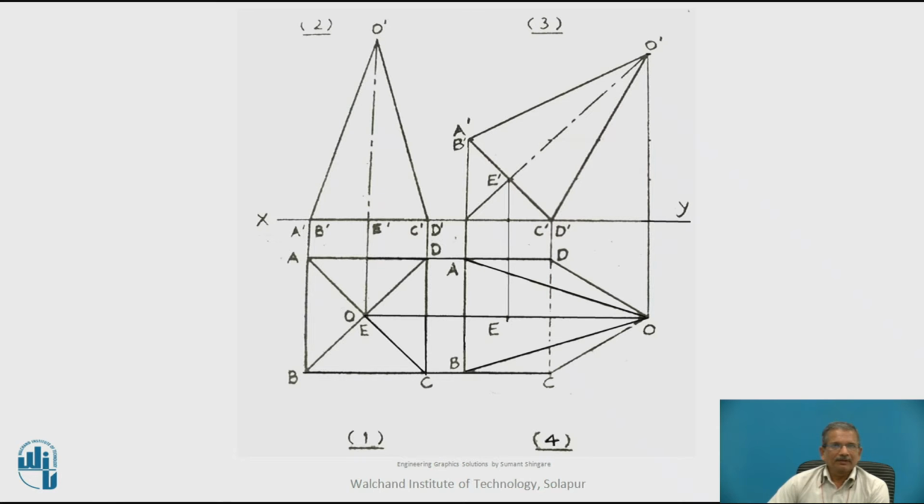So you do one thing: take a point C dash D dash on the XY line, draw a 45 degree line, and as you know the measurement AD or BC, you draw a line, bisect it, and from there draw a perpendicular to the AB or CD line, the base, and measure 50 mm E dash O dash, and join it to O dash A dash B dash and O dash C dash D dash.